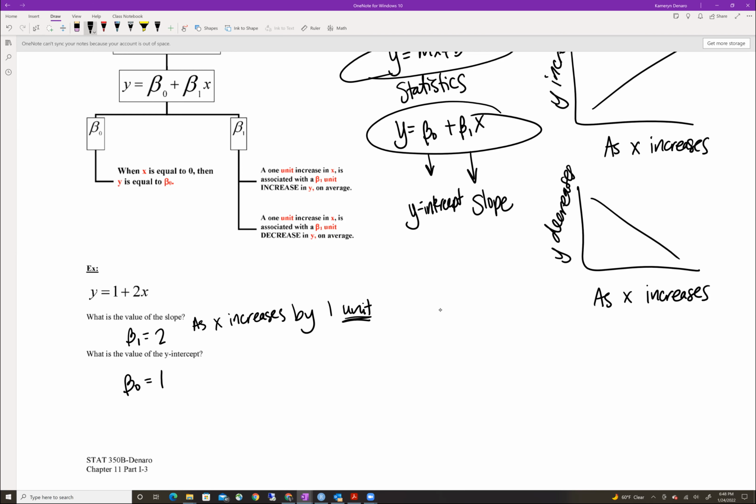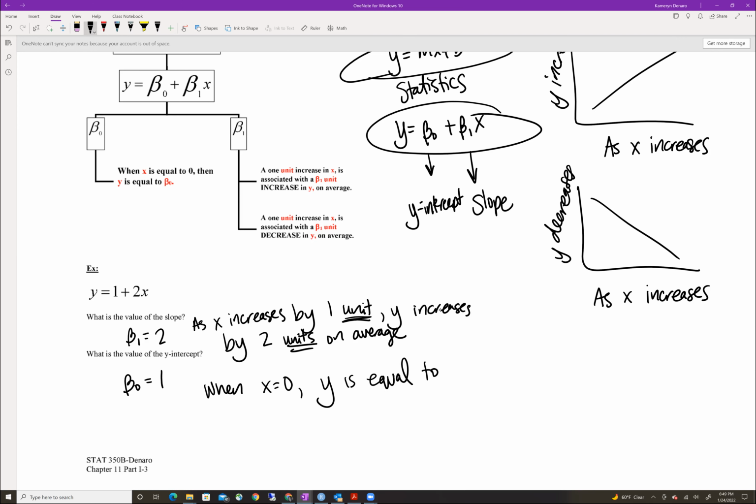As x increases by 1 unit, y increases by 2 units on average. Okay. And then for the y-intercept of 1, when x equals 0, y is equal to 1. All right.